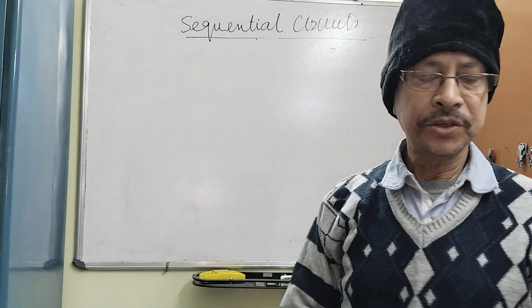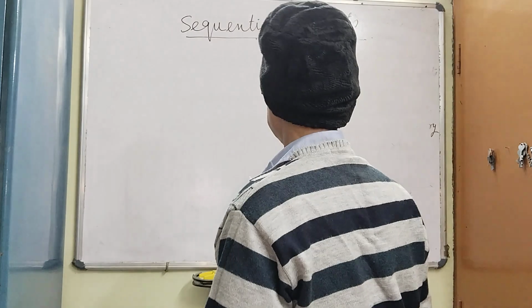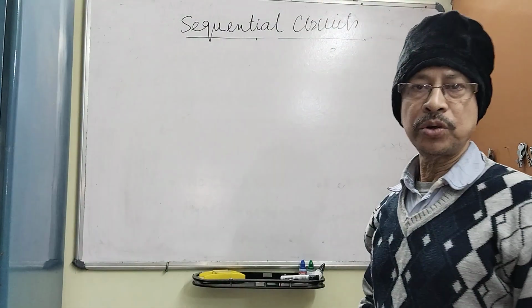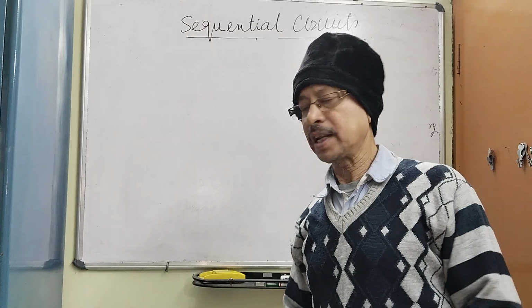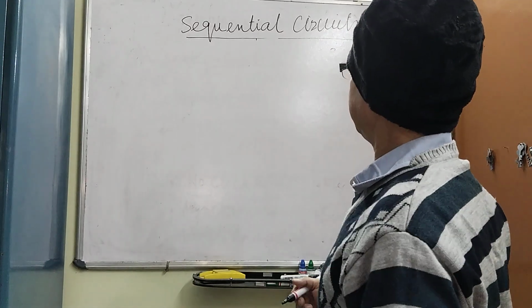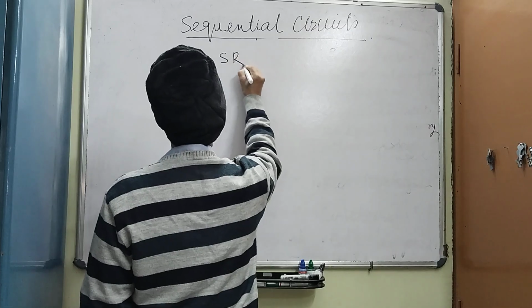So first, latch. What is a latch? A latch is an electronic device, a sequential circuit, which can store 0 or 1 without a clock signal. And first is the SR latch.